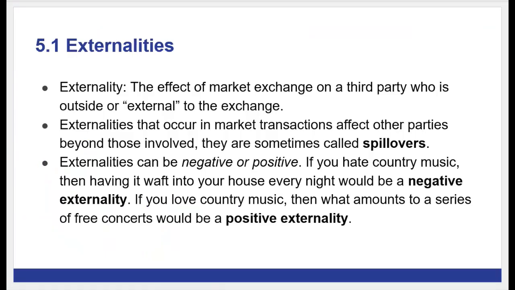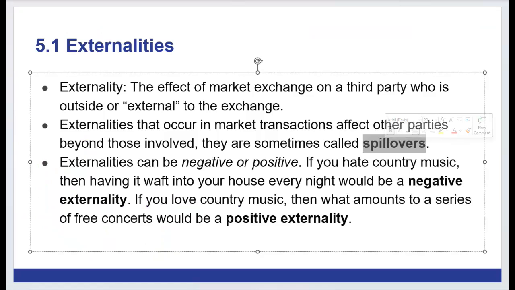And when this happens, what we say is that there's this spillover. There's some kind of an economic cost or benefit being incurred by a third party, which is spilling over from that market. So we'll give a couple examples in a moment, but for now, we can just again say that externalities can be negative or positive. There can be a positive spillover or a negative spillover to a third party.